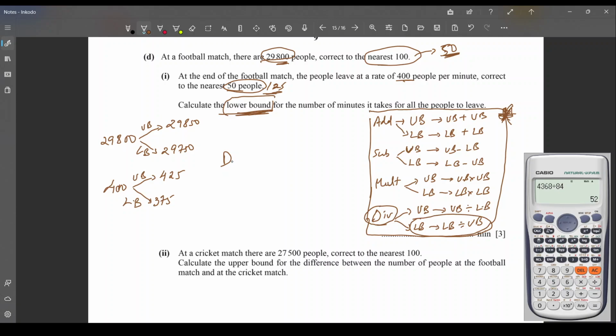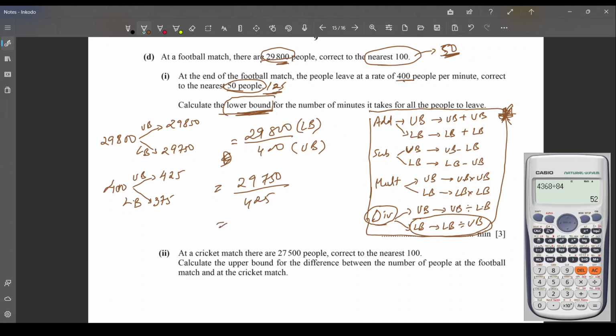That formula says, in case of division, if we are finding the lower bound, we should divide 29,800 with 400 to get the answer. But because according to the formula we have to take the lower bound of this one and the upper bound of this one, the lower bound of that is 29,750, and the upper bound of this is 425.